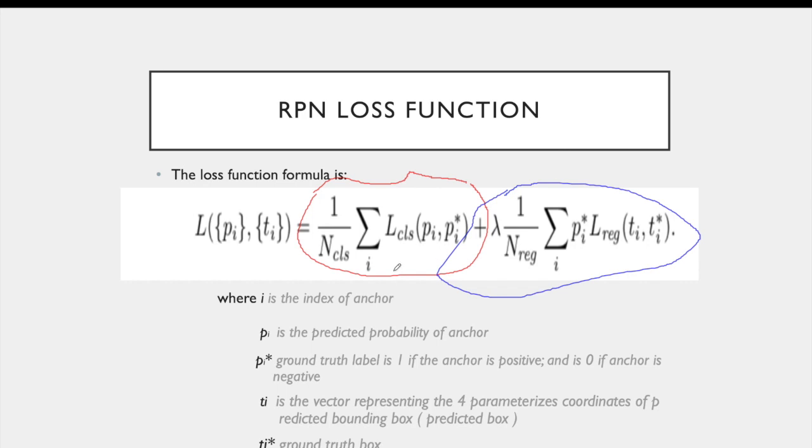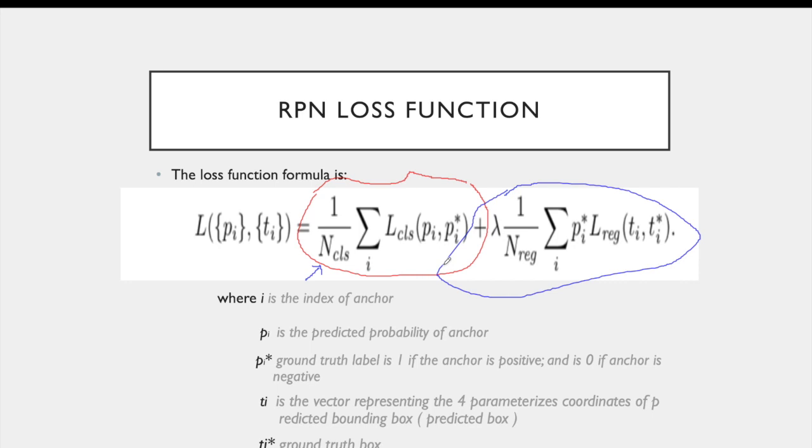So first we will talk about the first term in the formula. The N here is the number of mini batches per epoch, meaning how many mini batches will be fed into the network at a time. And then the i is the index of an anchor in the mini batch.